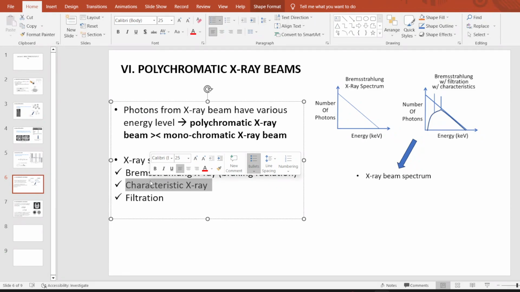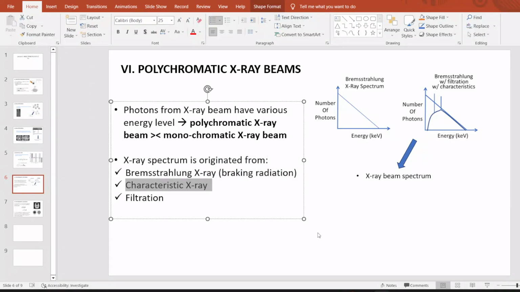So a higher energy level electron of this atom needs to go down into the lower level, because of quantum theory.